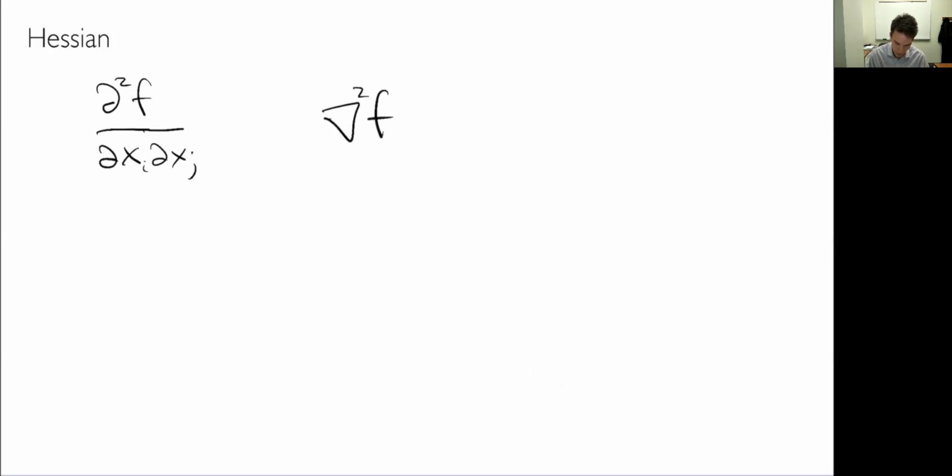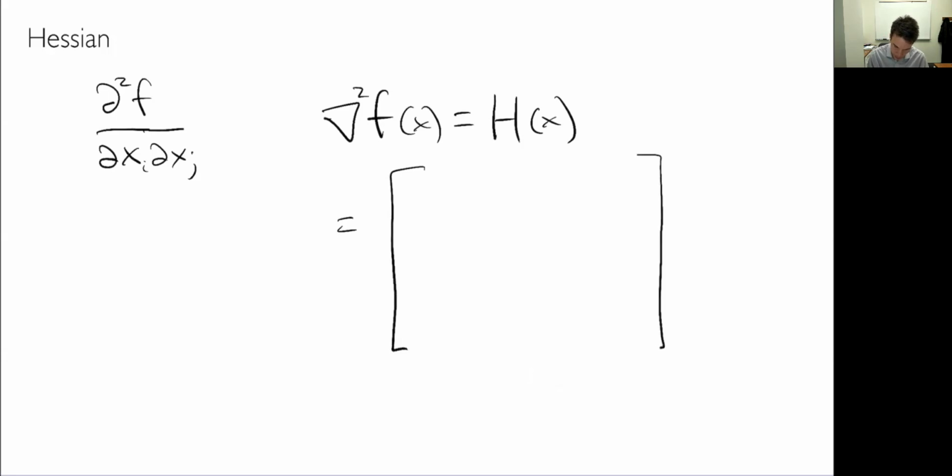This is the second derivative of f of x, and often we give it a special notation, H, for a Hessian. And we could also write this in matrix form. So for example, this first entry would be the second derivative of f with respect to x1 twice.